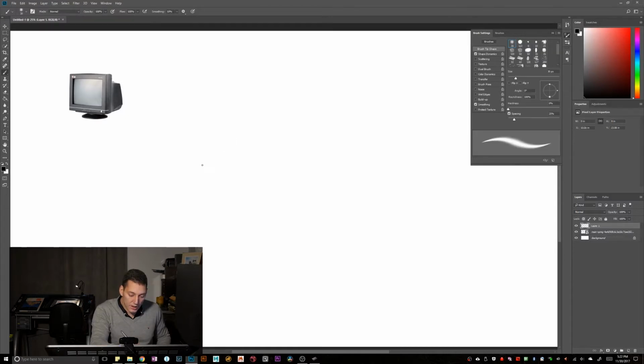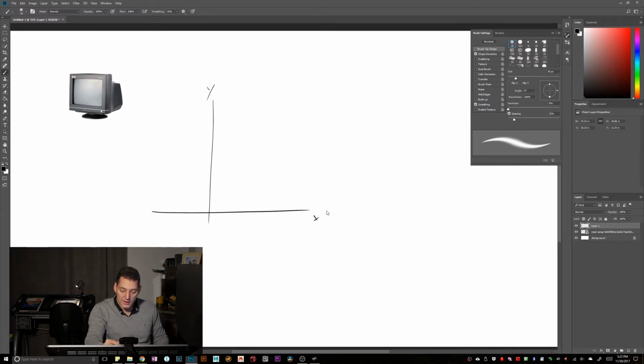Let me brush it out. So let's say that these and these are my axes, right? So this is y and this is x, and this is the origin where everything is 0, so 0 and 0.